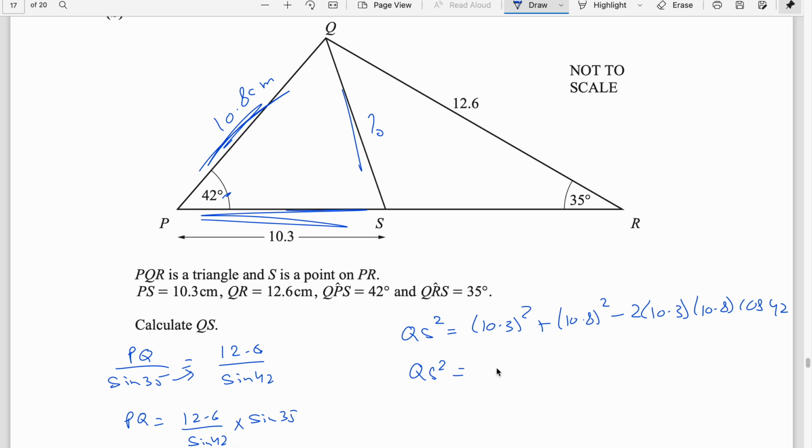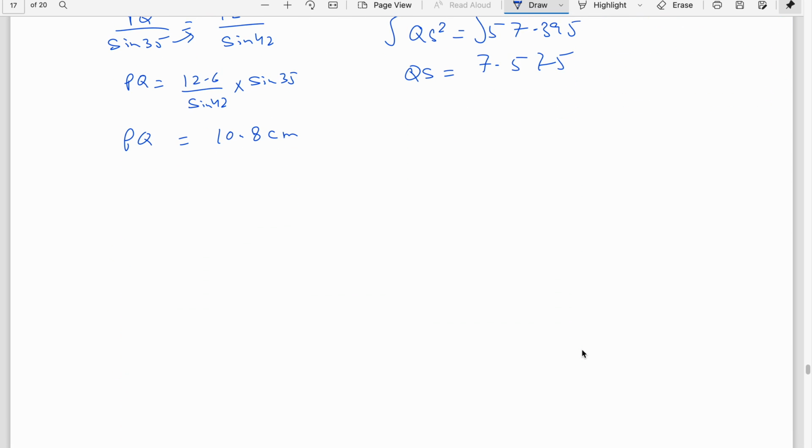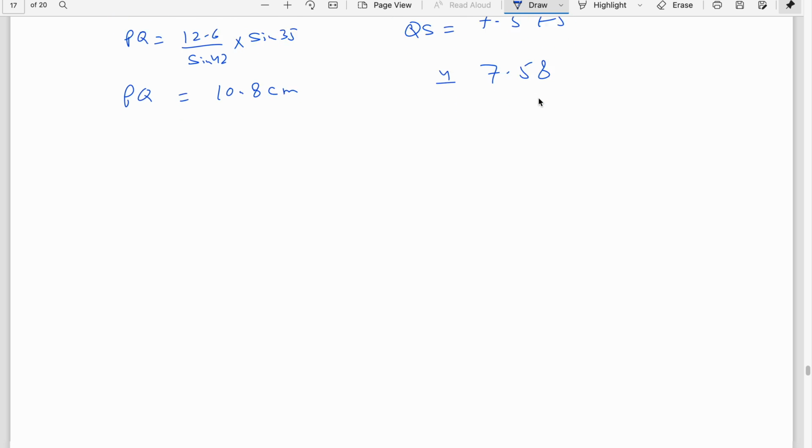So QS squared is equal to 57.395. Square root both sides, QS is equal to 7.575, and up to three significant figures, that is approximately equal to 7.58.